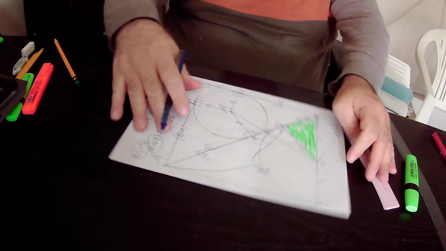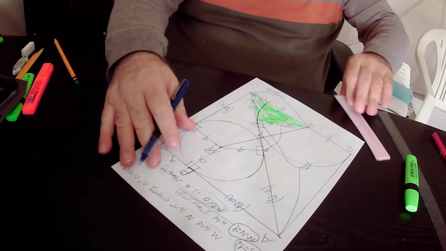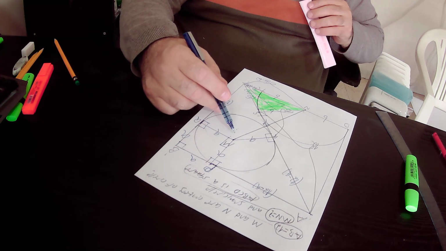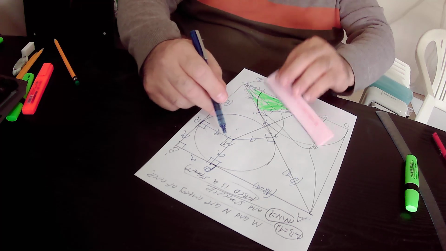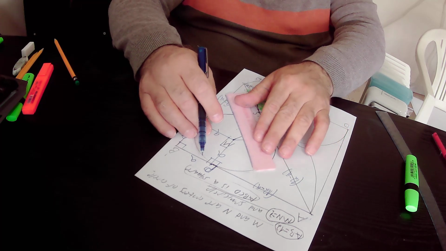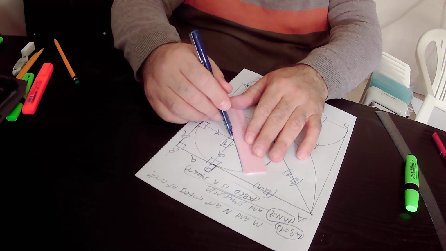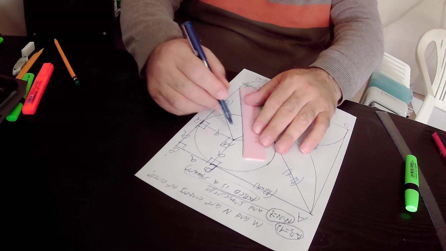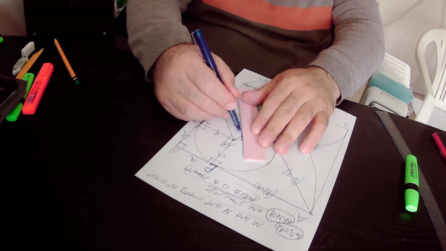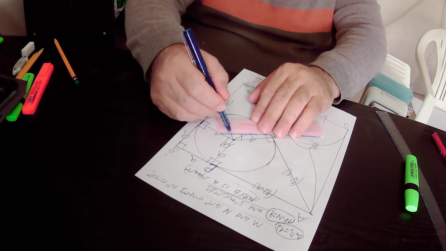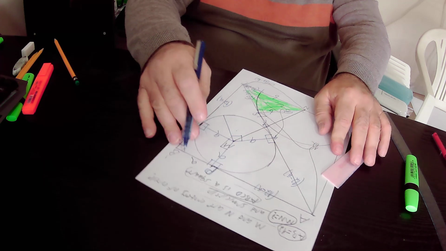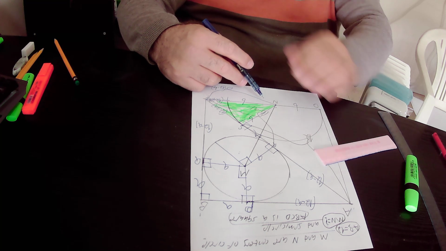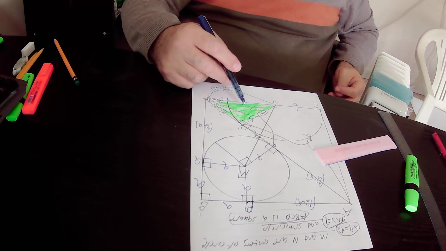Okay, in the next step, from point M, we will draw a perpendicular on RM. I repeat again, from point M, we draw a perpendicular on RM. So this angle will be equal to 90 degrees. And we will extend NS, that is actually the radius of the semicircle.